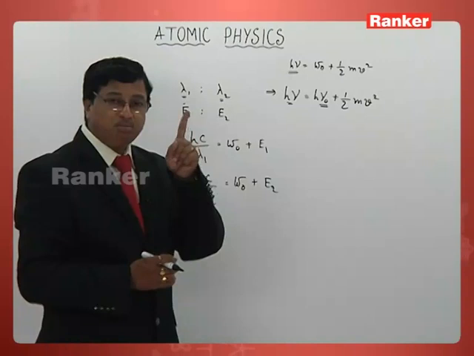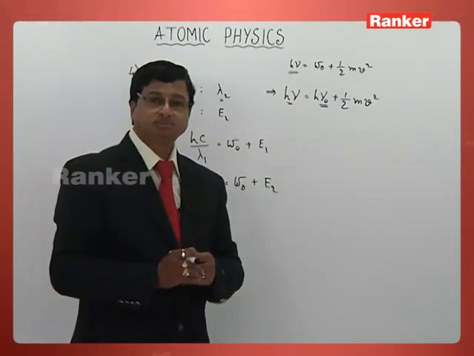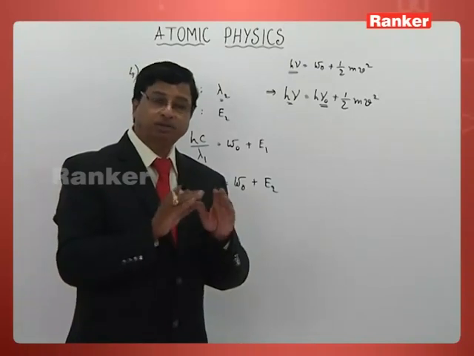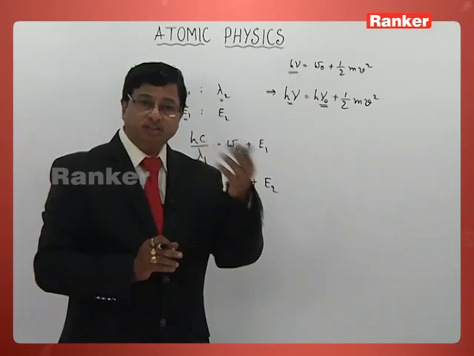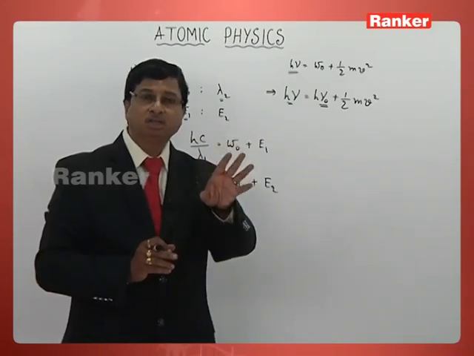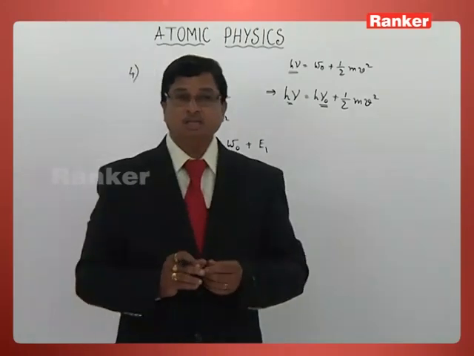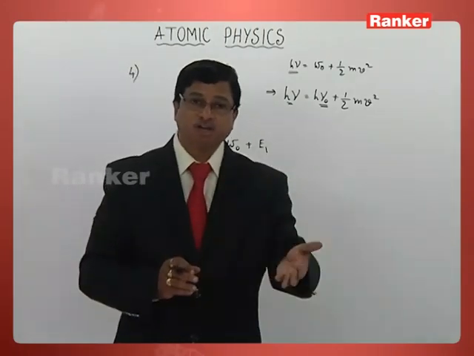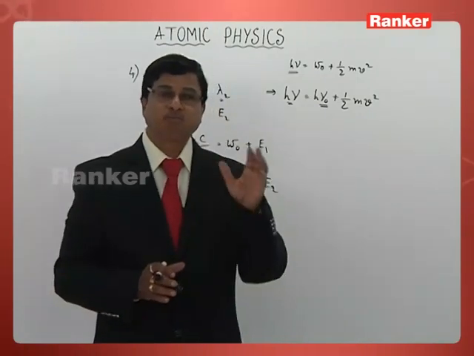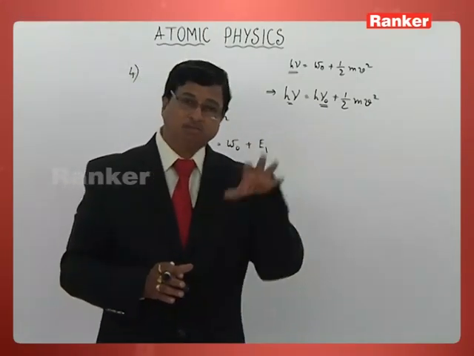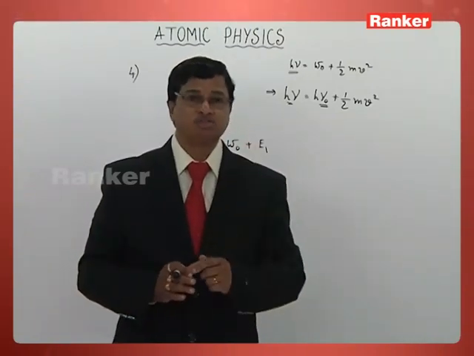It is on the same metal, both the lights are incident. Even though their wavelengths are different, the material onto which the light is incident is the same. Then automatically the material's work function is going to be constant for any wavelength of light incident on that metal plate.